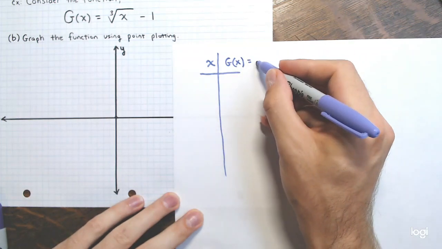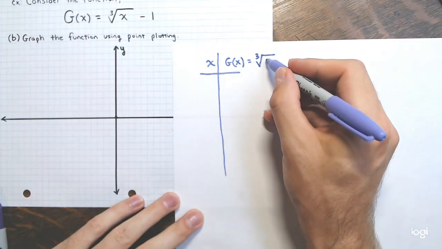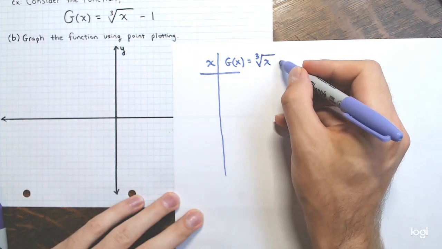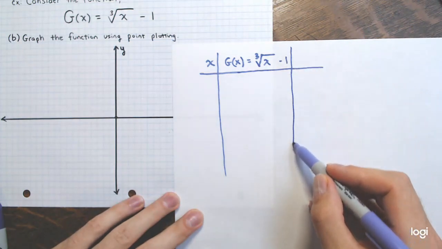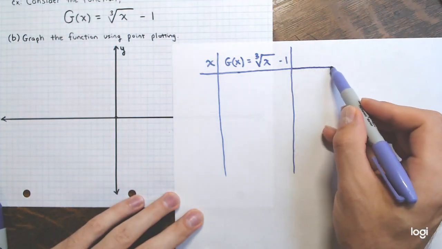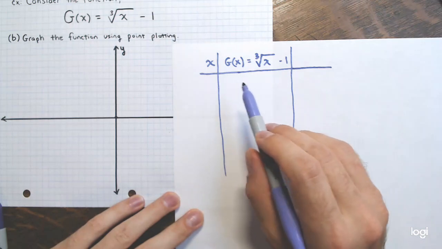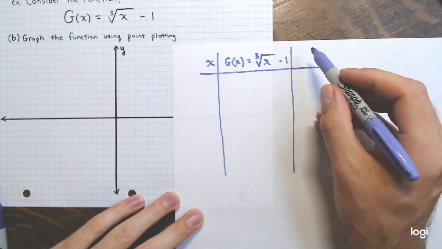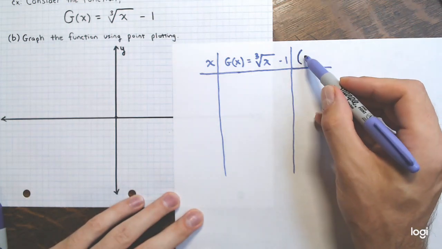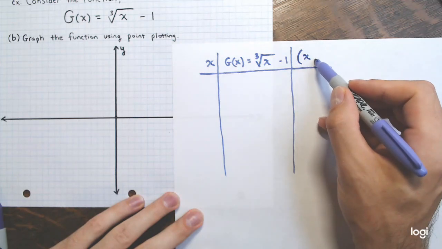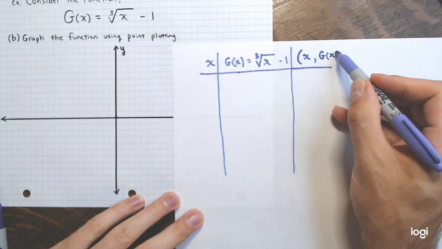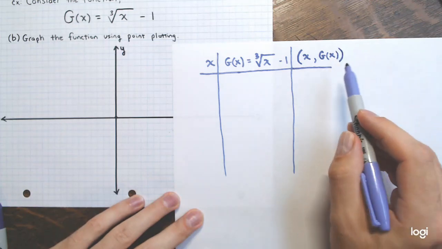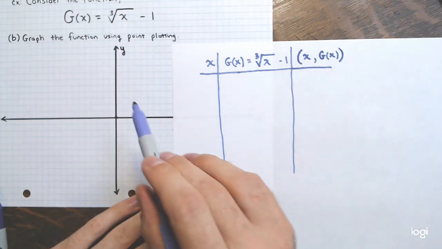And I'll even write how we're calculating it. Here's the rule. It's the cube root of x minus 1. And then in this last column, you don't need the last column really if you see the ordered pair, but I'm going to put the point that I'm plotting. The ordered pair with the x coordinate, the input, comma, and then the y coordinate, or the output g of x. The ordered pair that I'll be plotting on my coordinate plane.